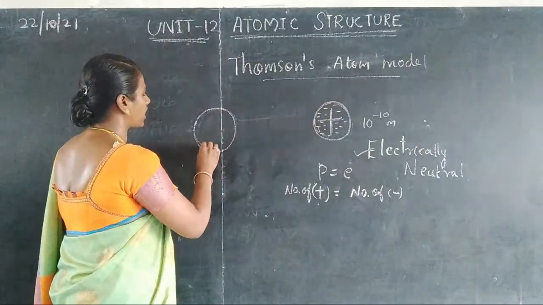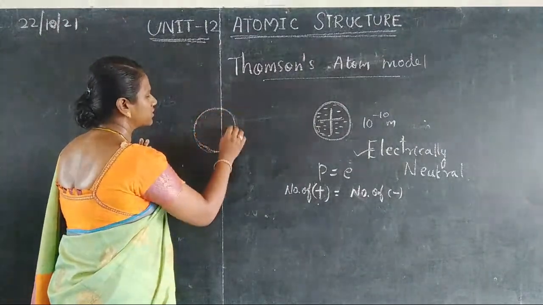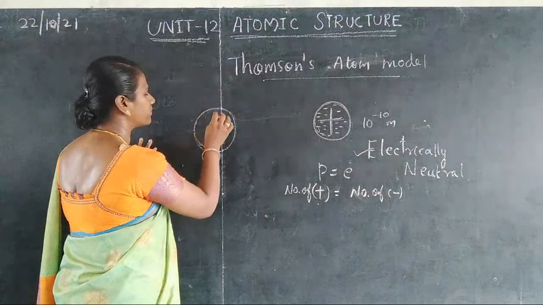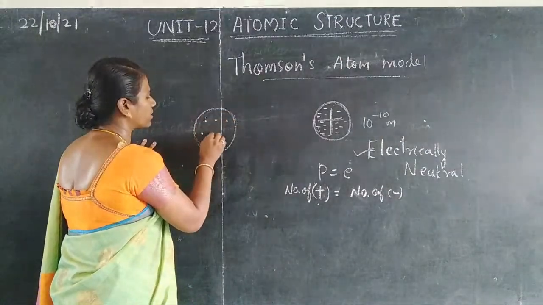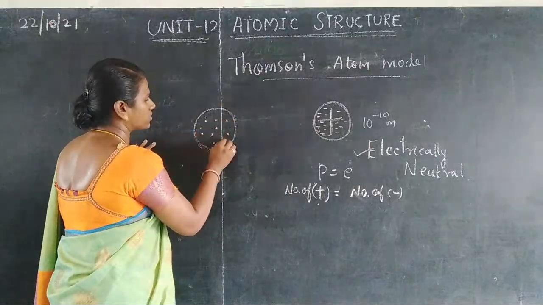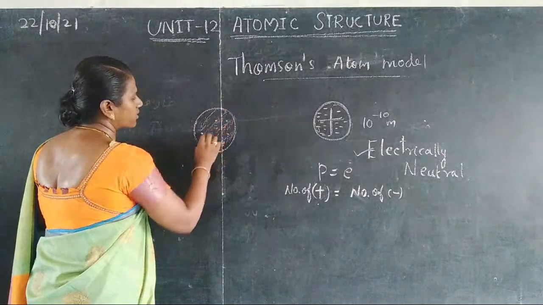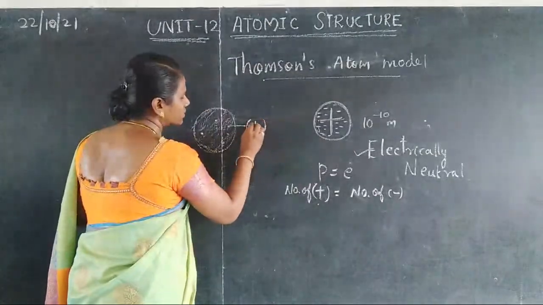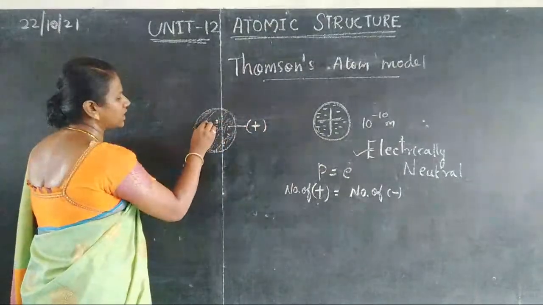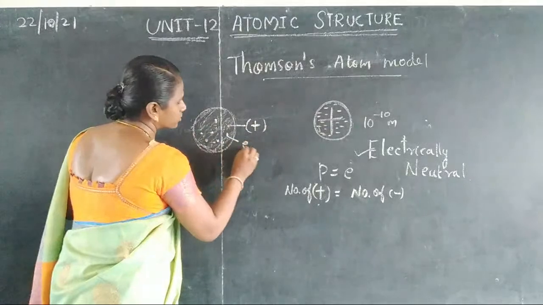For example, in a watermelon, the red mass is considered as the positive charge, and the seeds embedded in it are considered as electrons.